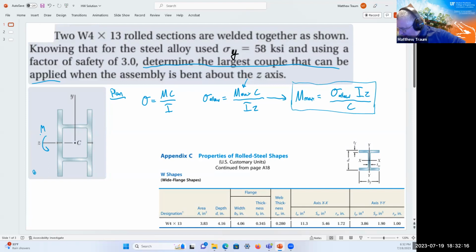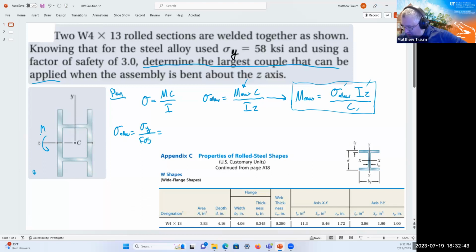So my plan is to sort out an equation for this one, an equation for this one, and a value for this one. Once I have all three of those, I can plug them back in and move forward. So let's start with the allowable stress. The allowable stress is just the yield stress divided by the factor of safety, and all of that information is given.